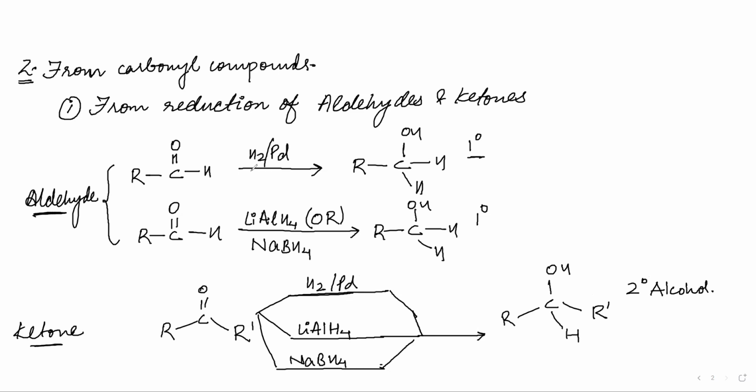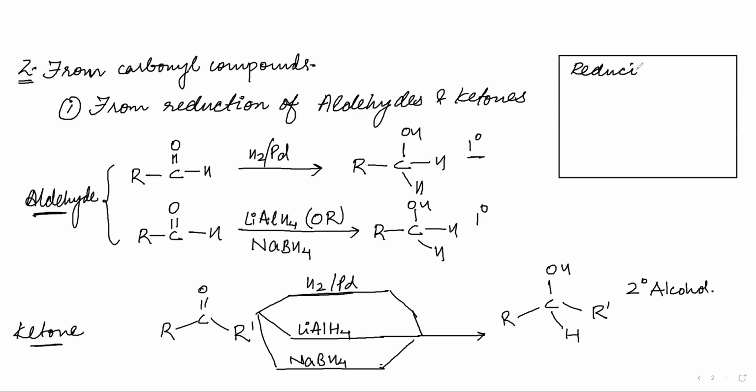2 degree alcohol. Okay. Now, as of now, you have to remember these reducing agents. In a box, you can remember these reducing agents. So what are these reducing agents? Till now, there are 3 reducing agents you have learned, those which are responsible for reduction.